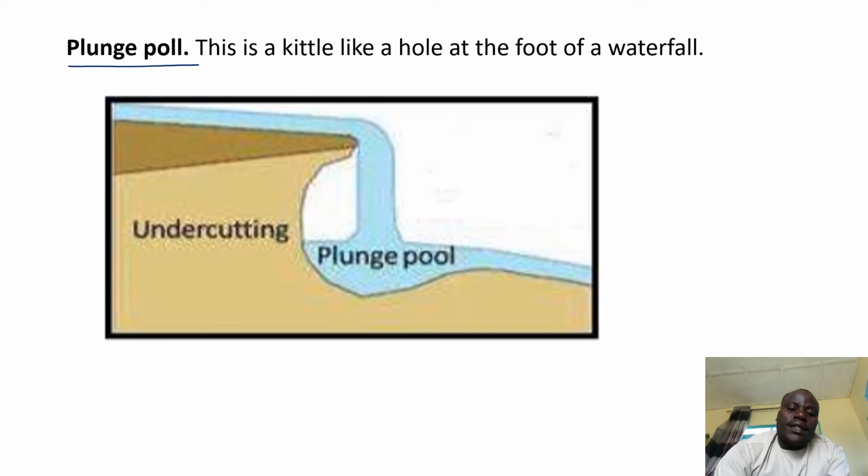If you look at this diagram, this is the river flowing. It reaches here and flows on a waterfall or a steep cliff, and at the bottom of a steep cliff or a waterfall, it again digs further down to form a plunge pool.